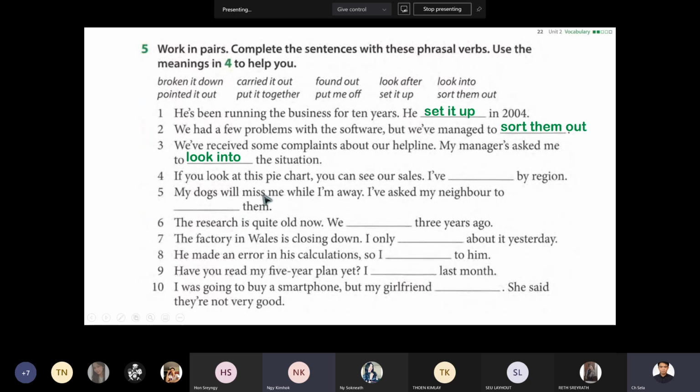Very good. Number four, if you look at this pie chart, you can see our sales broken down by region. Look into is for number three.